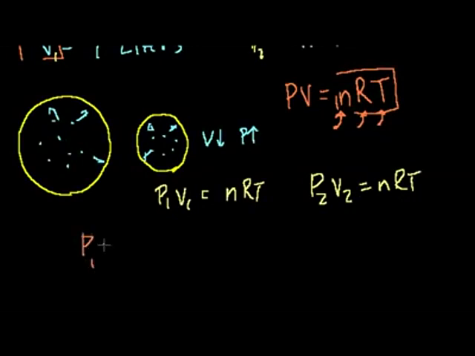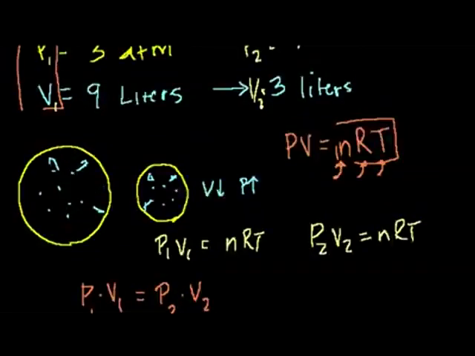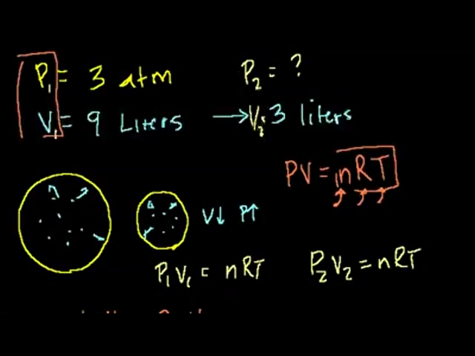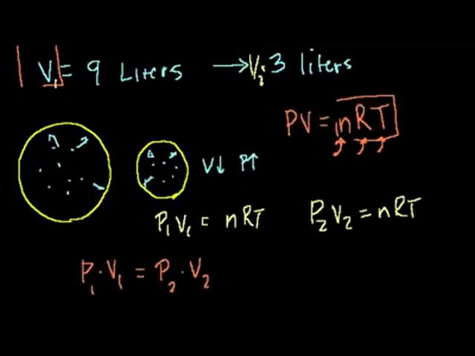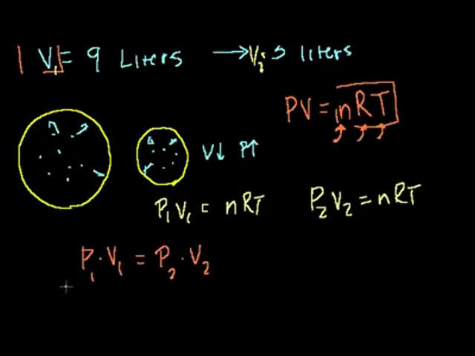So P1 times V1 equals P2 times V2. P1, our initial pressure, was 3 atmospheres. So we have 3 atmospheres times 9 liters is equal to our new pressure times 3 liters.